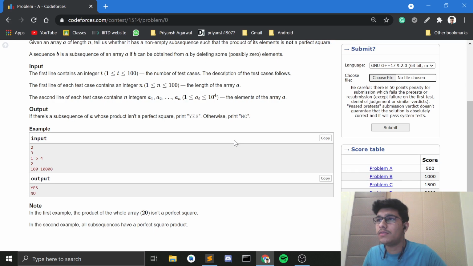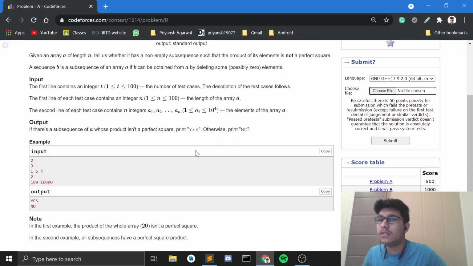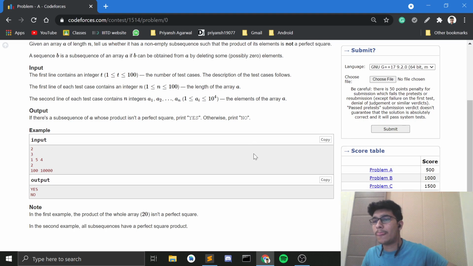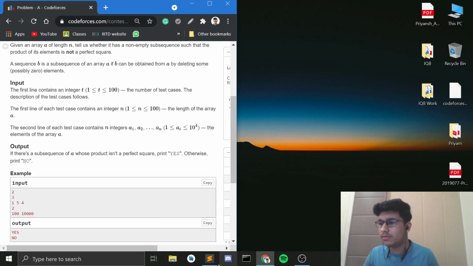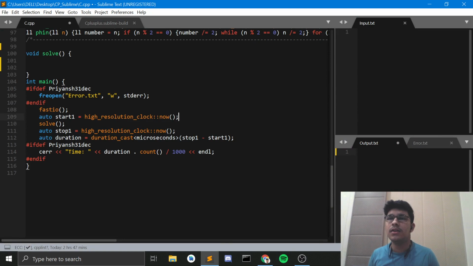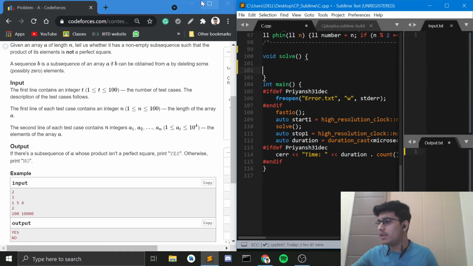Okay, so if any of them is not a perfect square, then I can take that element, right? Non-empty subsequence. Yeah. So if there is even a single element that is not a perfect square, then I can do that, right?